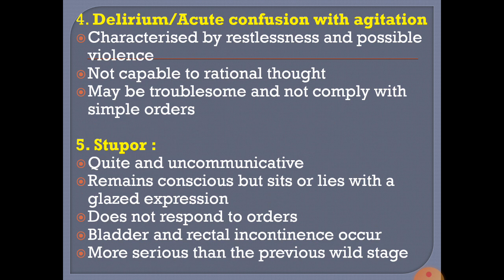They remain conscious but sit or lie with a glazed expression, do not respond to orders, and bladder and rectal incontinence occur. This stage is more serious than the previous stage, which is also known as wild stage.